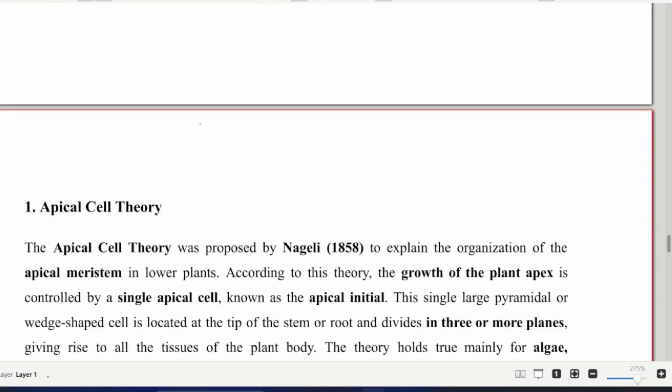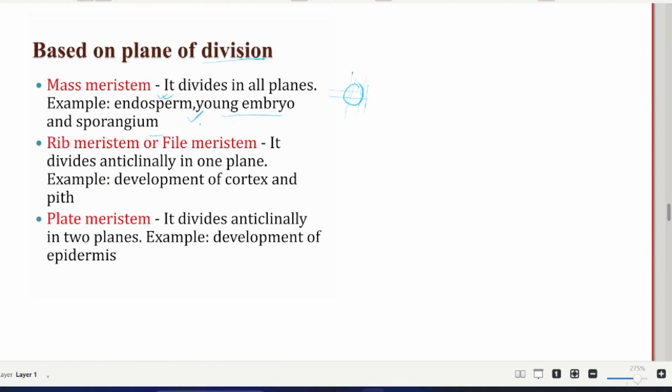Likewise, the rib meristem, or file meristem, divides anticlinally, that is perpendicular to the surface, and it divides in one plane.